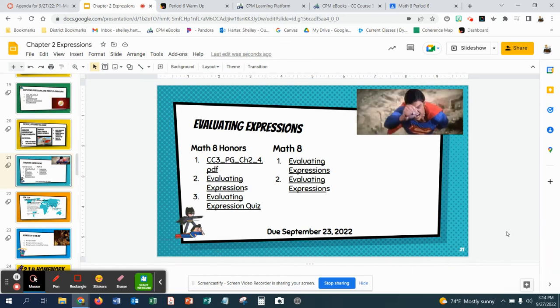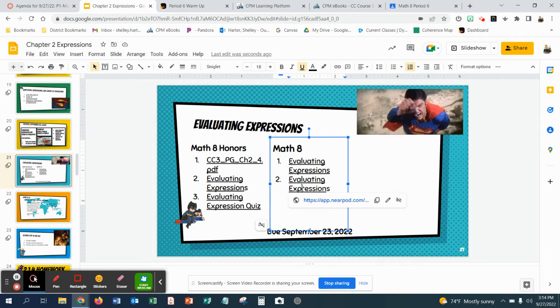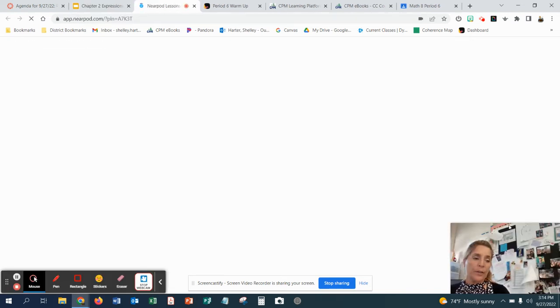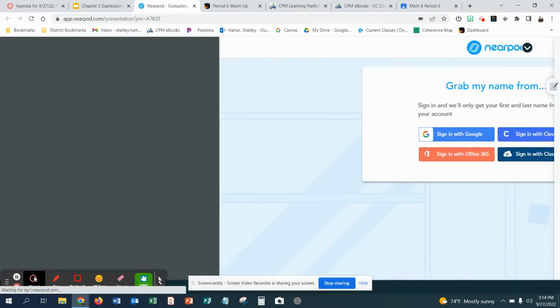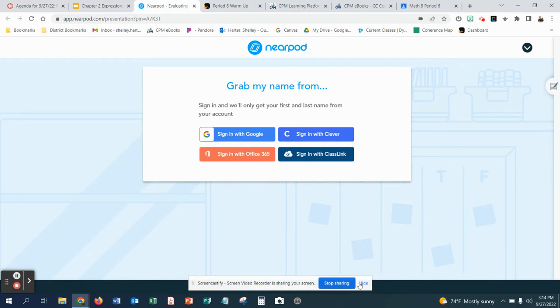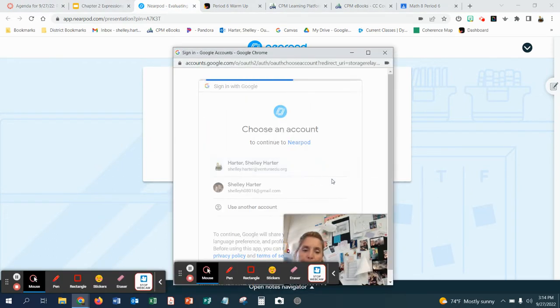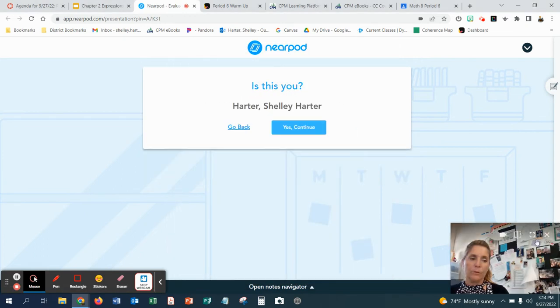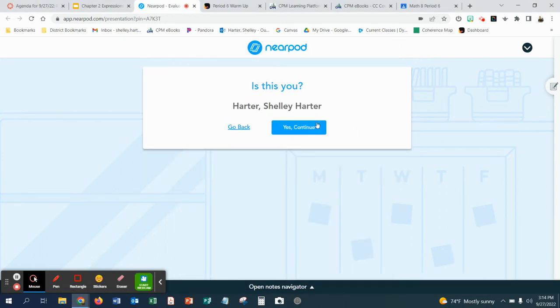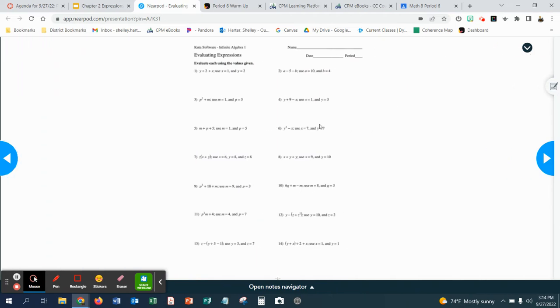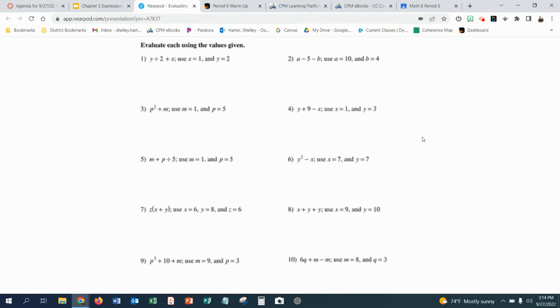So we are evaluating expressions, and to get to evaluating expressions, you're going to click this button that has the Nearpod app. Once you're there, you're going to sign in. And we're going to hide a couple of things. Continue, and we're going to just really make this big.